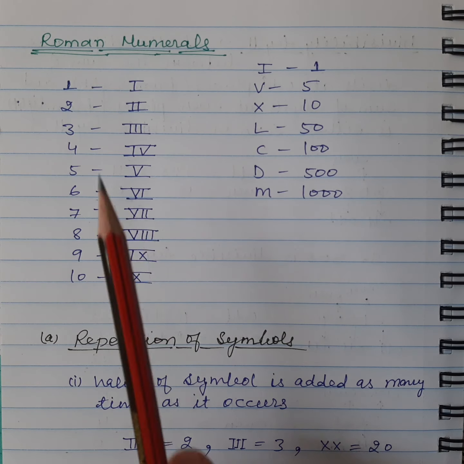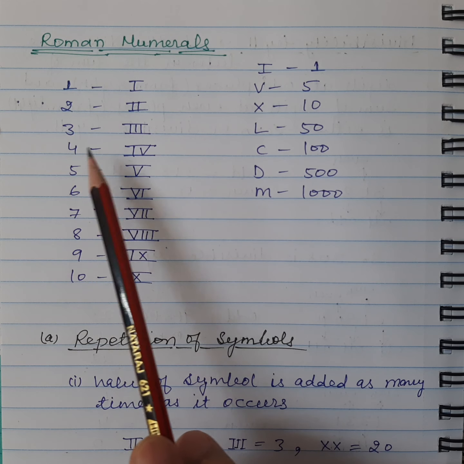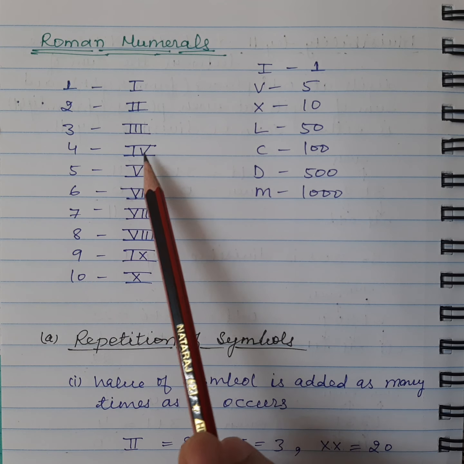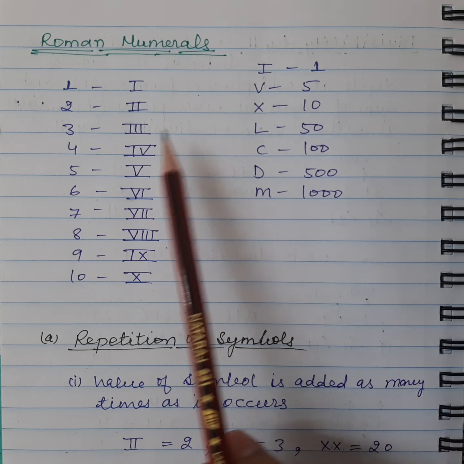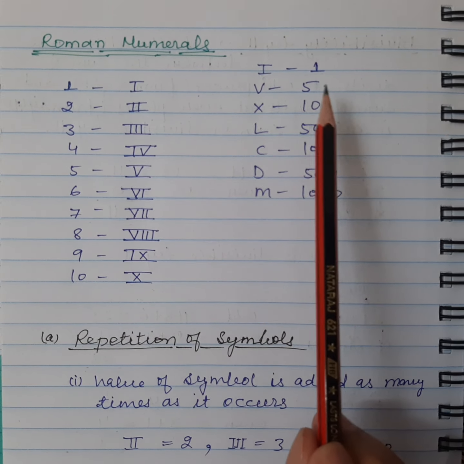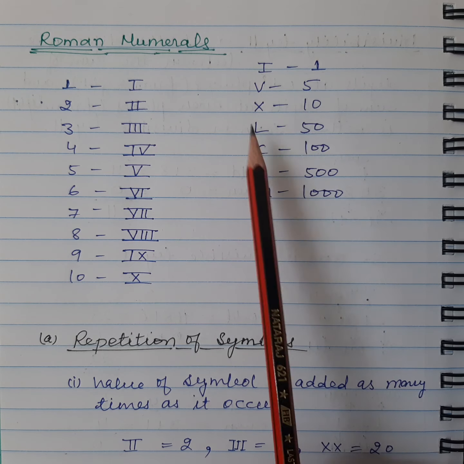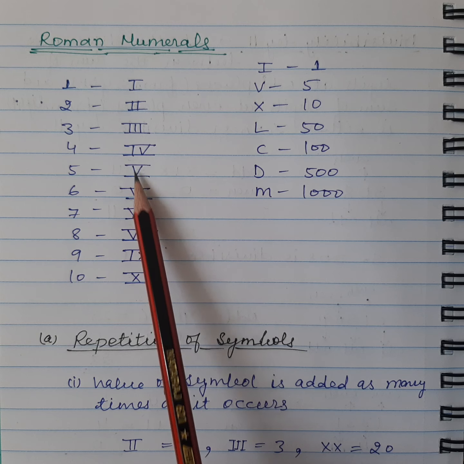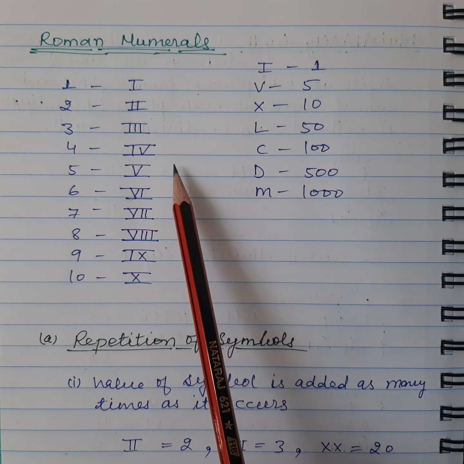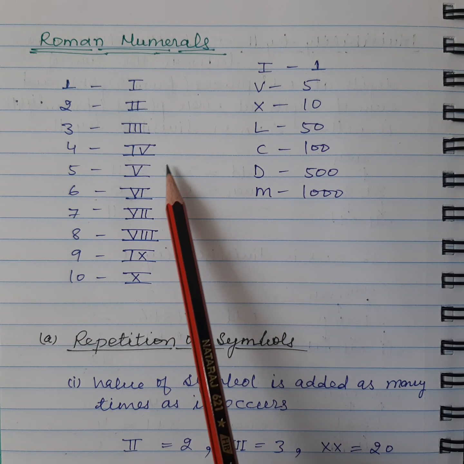Let's see again. We cannot repeat a symbol more than 3 times. So to write 4, we write V, which is 5, and then we write I at the left of V, so its value will be subtracted. V is 5, I is 1, so 5 minus 1. We write 5 as V, so we need not add or subtract anything.